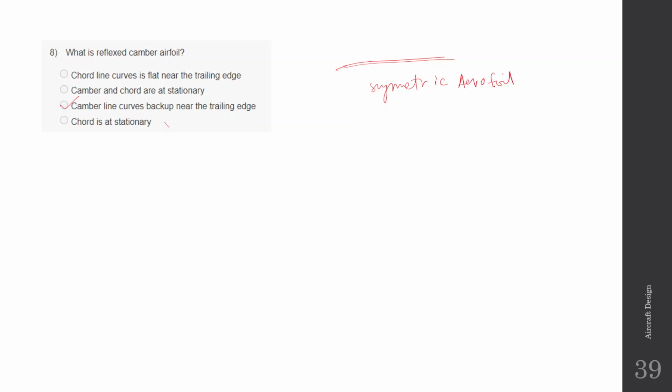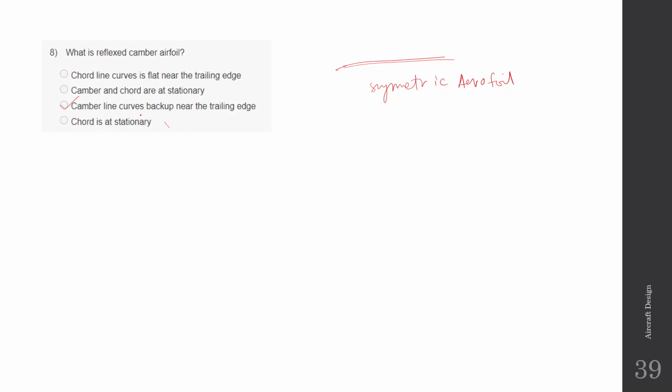If the camber line and the chord line are coinciding, then the aerofoil has no bending or no camber, and therefore it is a symmetric aerofoil. And the first option is chord line is flat near the trailing edge. Again, I don't know what it means.